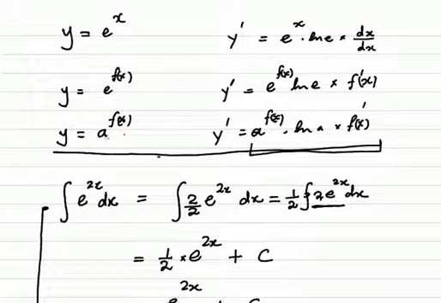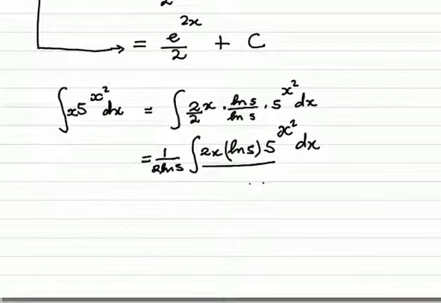In this case, in the integral we identify our base and identify our f of x. Then this integral is equal to 5 to the power x squared multiplied by 1 over 2 ln 5, plus c.